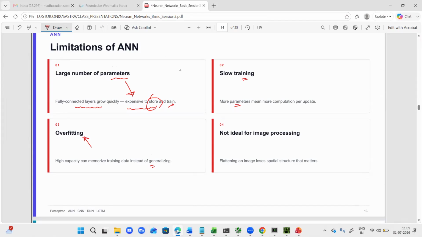ANN is also not ideal for image processing, because an image has many hierarchical aspects. In an image, it will have a texture, a color, lighting, shapes, and so on.